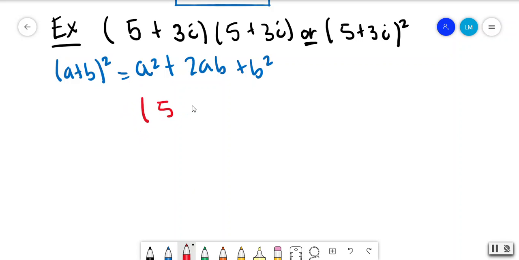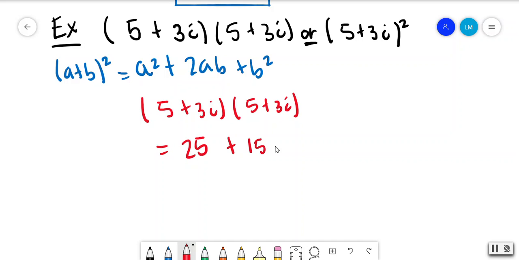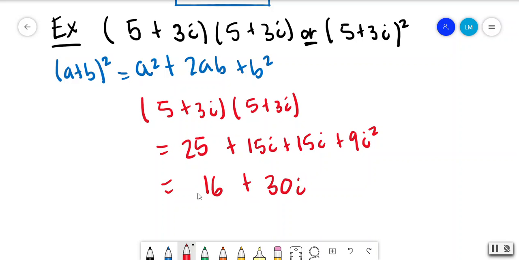So we have 5 plus 3i multiplied by 5 plus 3i, and you have 5 times 5, which is 25, plus 15i, and then 3i times 5 also gives you 15i, and then plus 9i squared. That's going to be negative 9, so that's going to be 16 plus 30i, and that's it.